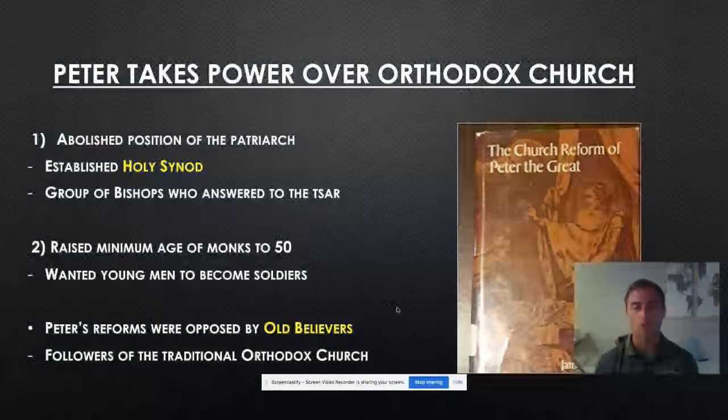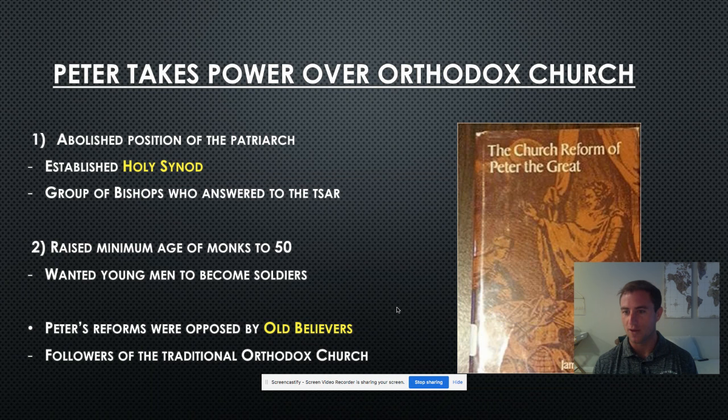Instead, he says, we will have a group of bishops that will now rule over the church, not one powerful archbishop, the Pope, the patriarch. So he establishes the Holy Synod, which is a group of bishops that are loyal to him. And this is brilliant, of course, in the constraints of ruling a country, because now what you've done is you've established somewhat of a divine monarch. The Tsar is now the head of the church as well.